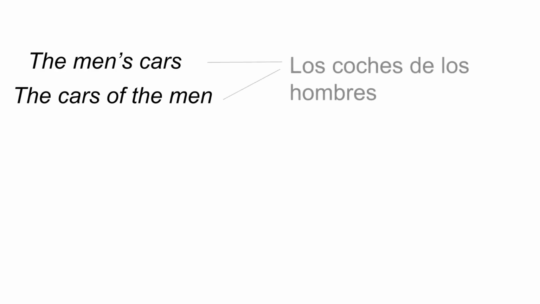Okay. The men's cars. So reword that. Give you a second. Reword it. The cars, because there's more than one, of the men. So that's what we need to say in Spanish. The cars of the men. Los coches de los hombres.